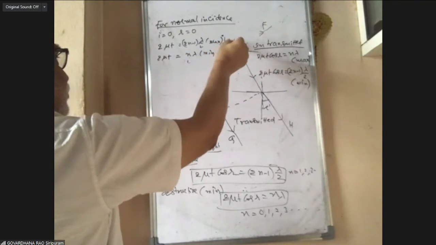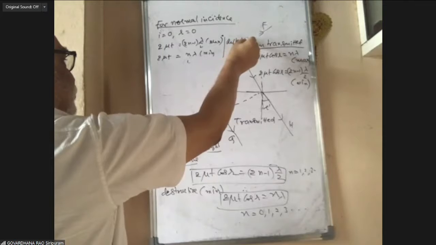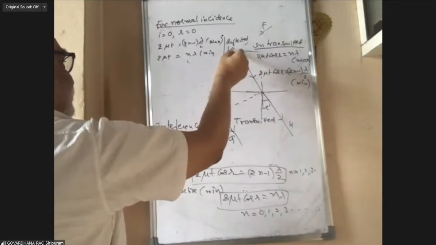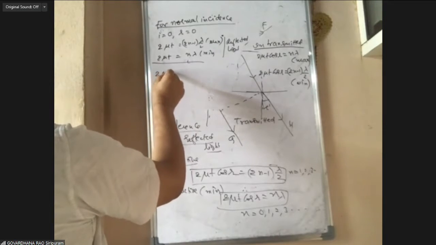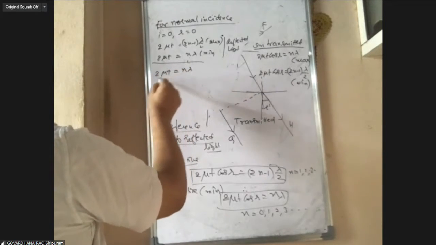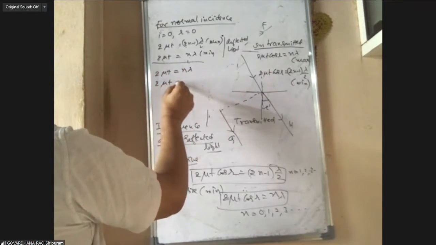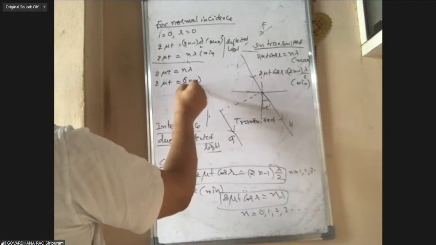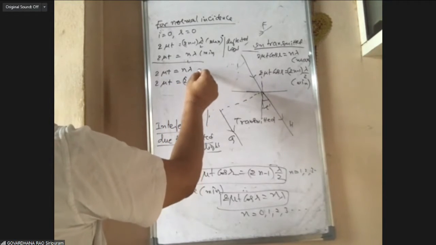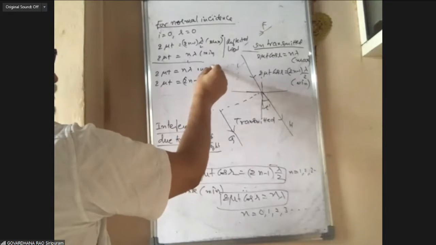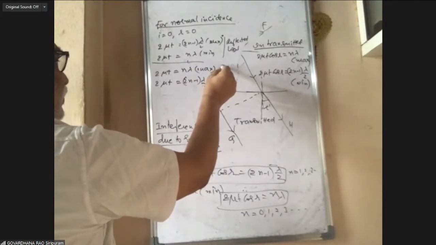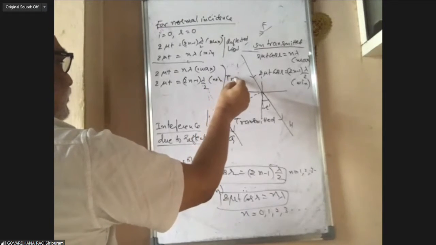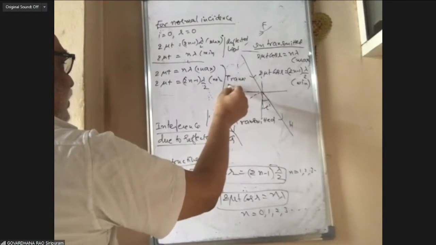For reflected light, okay? 2 mu t equal to n lambda, 2 mu t equal to (2n minus 1) lambda by 2, maxima. This is for transmitted.